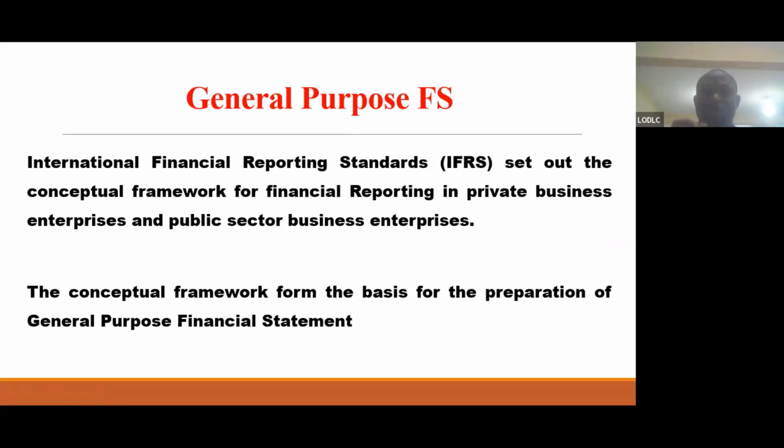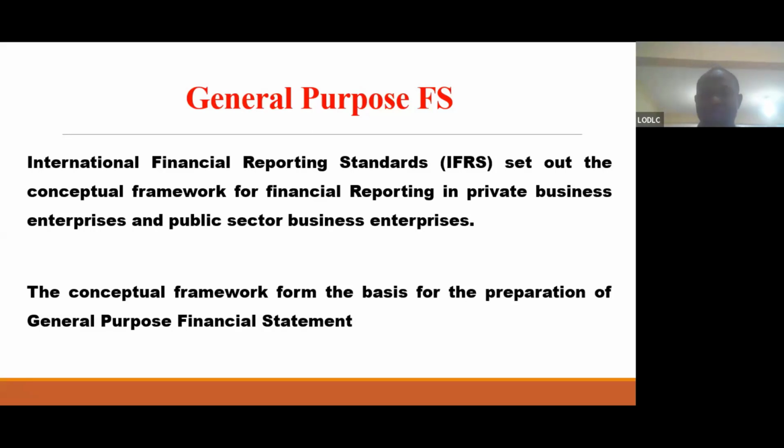That is, when you see a general purpose financial statement, you should be able to find at least the minimum content, which I just mentioned: statement of financial position, statement of profit or loss and other comprehensive income, statement of cash flow, statement of changes in equity, and explanatory notes. Those are the minimum requirements that we must find in the general purpose financial statement.